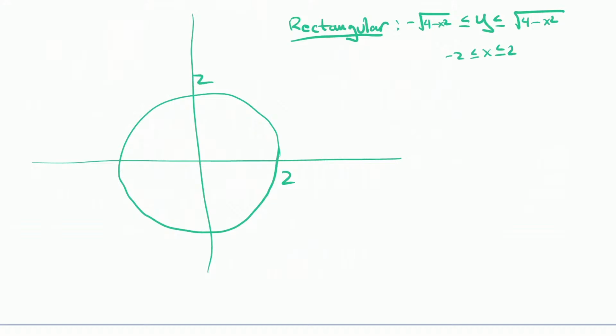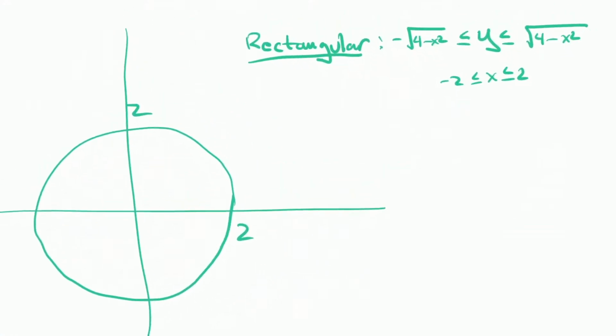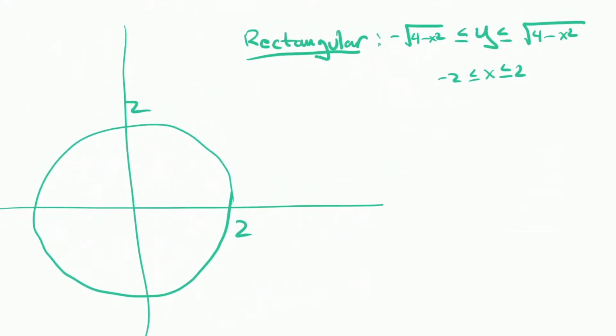That's painful. The biggest pain is that y, having to deal with those radicals. Now, if you think about what this would look like in polar coordinates, you'll have r between 0 and 2, and theta between 0 and 2 pi. It's the same region, it's just way simpler.